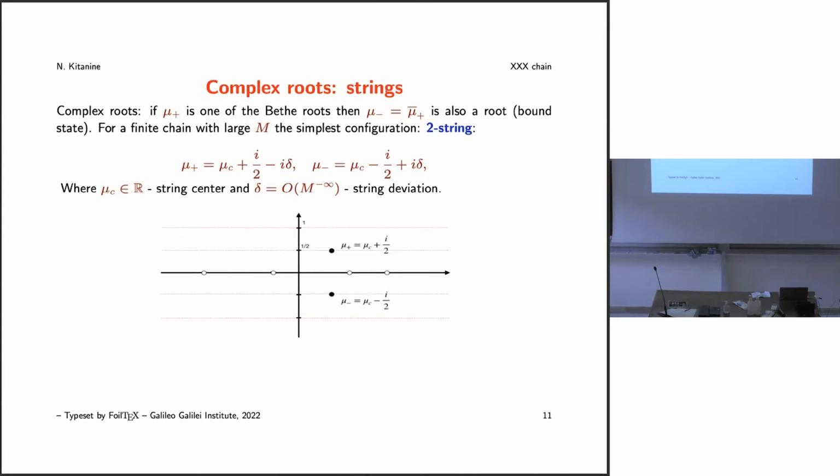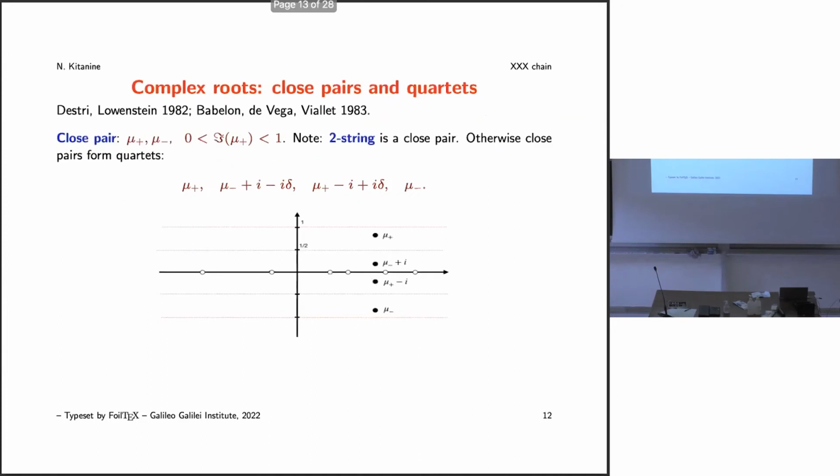That's the first type of complex roots. Then there are what are called close pairs. Close pairs are complex roots with imaginary part less than 1. There is always a partner, but if it's not 1/2, they always form a quartet. What is called a quartet? Like in the 2-strings, there is a partner with imaginary part different by 1 on the other side of the real line.